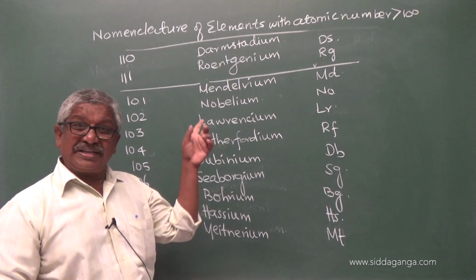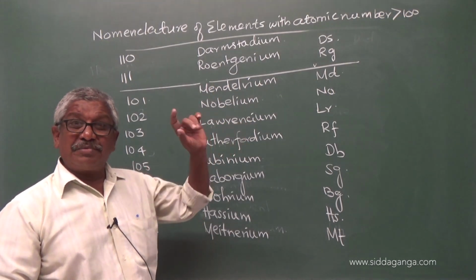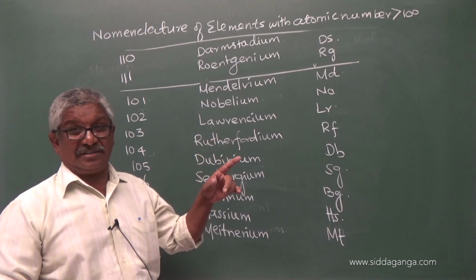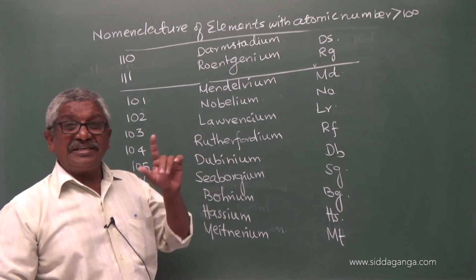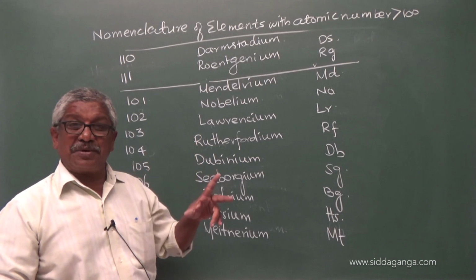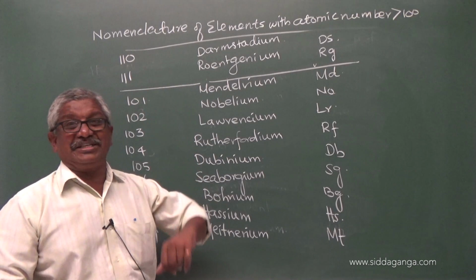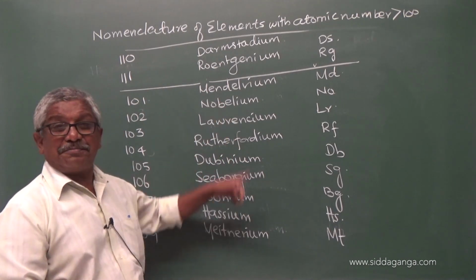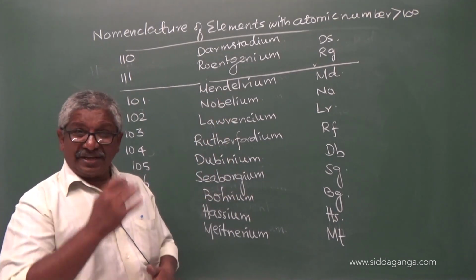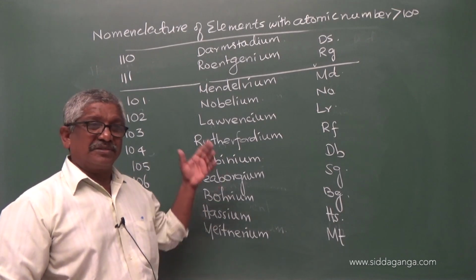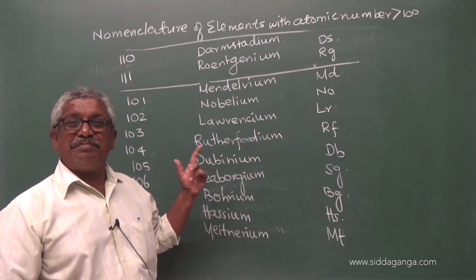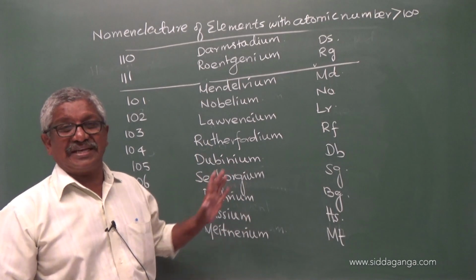For atomic numbers greater than 100, using Latin words for each digit, the systematic name is identified. That is for examination purposes.